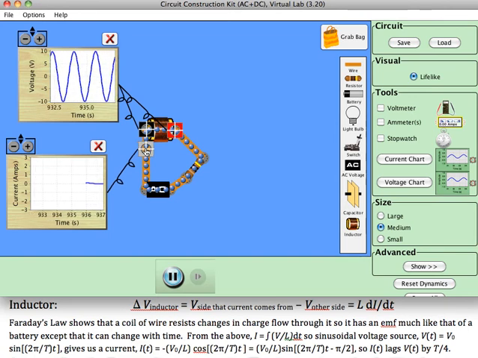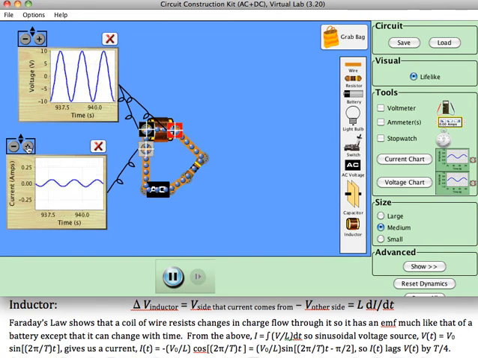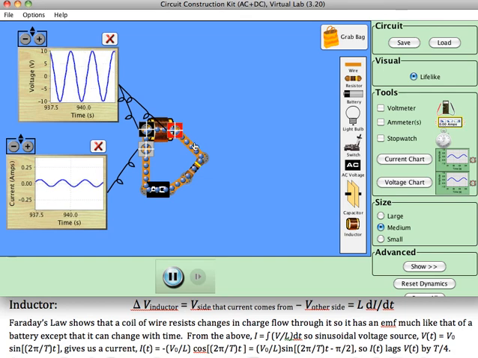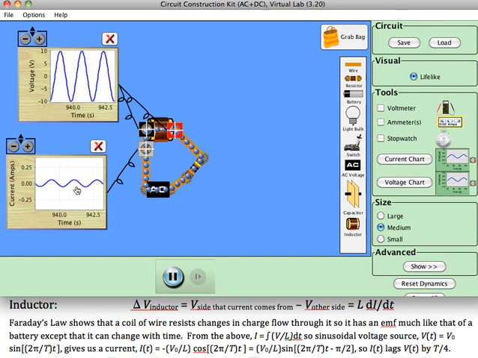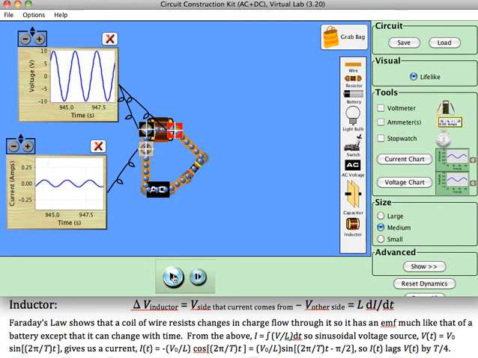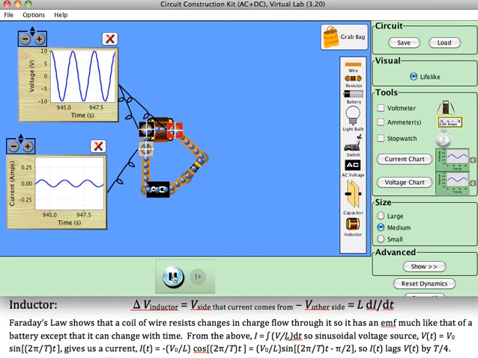If I put the current chart back in, we can watch the current oscillate up and down. And what do you see? You see the current in the inductor oscillating in a different way than the voltage oscillates. For instance, right now we just got past maximum voltage across the inductor.